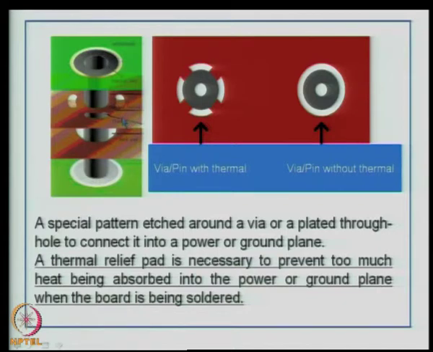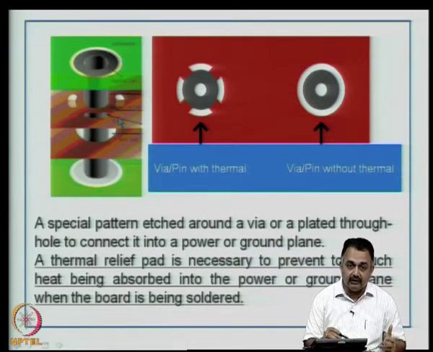When the heat is easily absorbed, the solder is not melting at the right temperature. You then increase the soldering tip temperature intentionally to make the solder melt, but this is more than required for actually soldering the component. What happens is that your structure gets damaged, your board gets damaged, your component gets damaged.